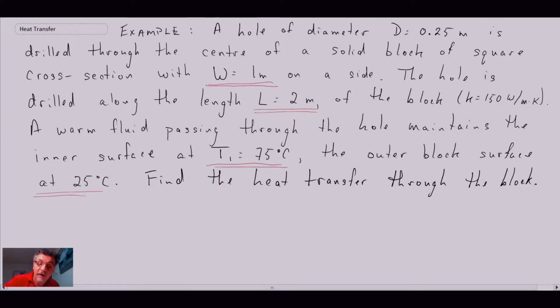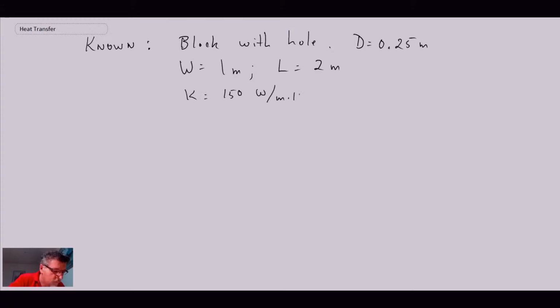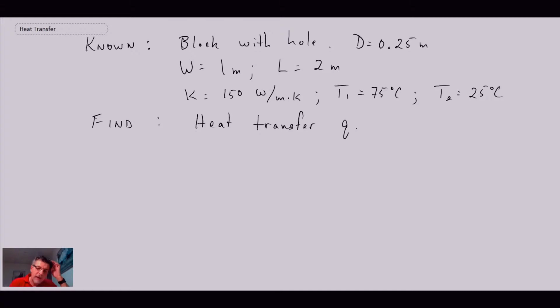So let's go through the steps that we do for all the problems. We begin with what we know, and then we'll draw a schematic and work through the assumptions. So our known items are... okay, that's what is known and what we're looking for.